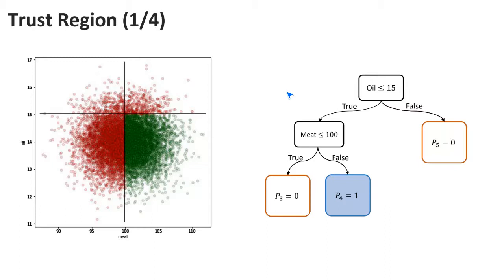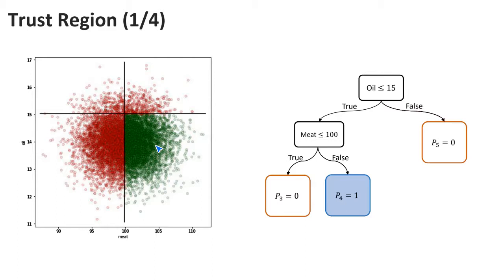Okay, now going to the next topic, which is about the trust region. Imagine that we have this data set here. So each food basket is one of these dots. And for simplicity, we only have 2 different foods that define my food basket: meat and oil. And each one is labeled as palatable or not.